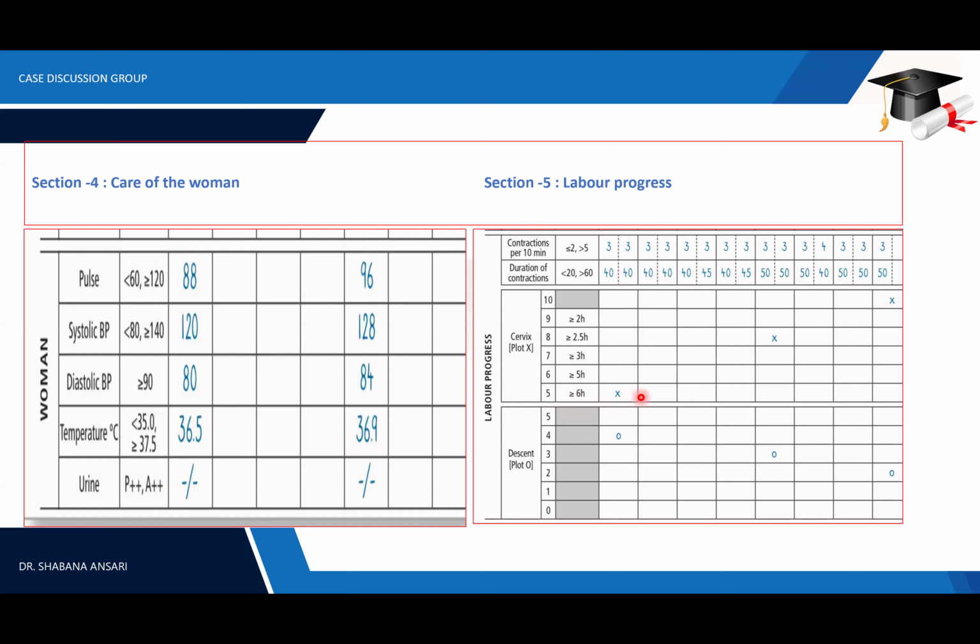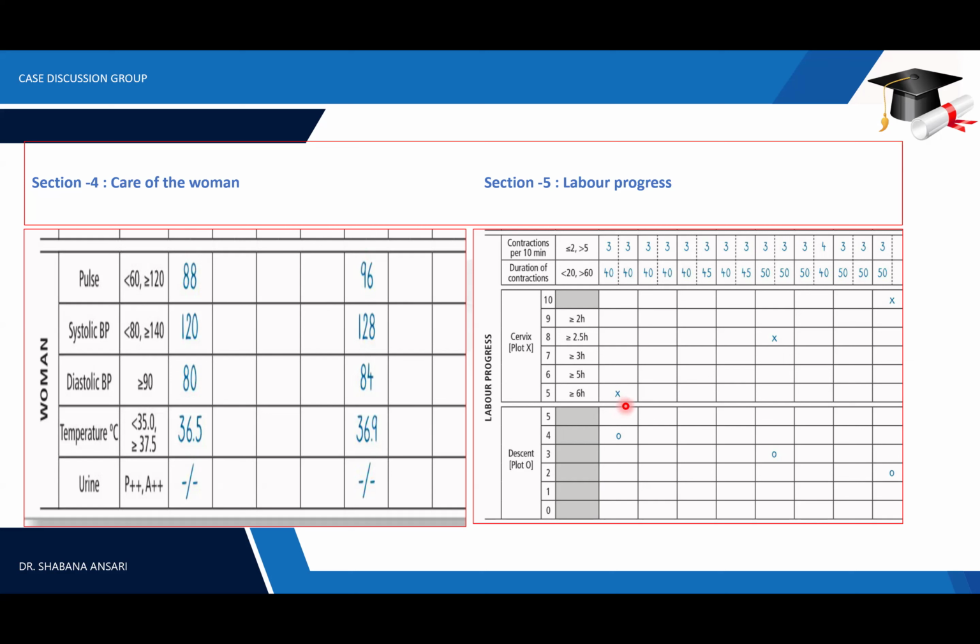If it is less than 2.5 hours, then she's progressing normally. This is plotted by X, and when she's fully dilated, that also should be entered, ma'am.